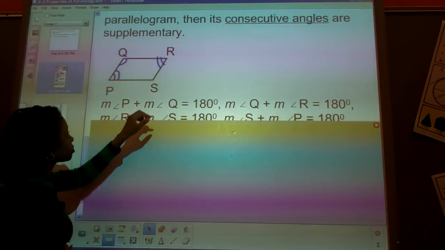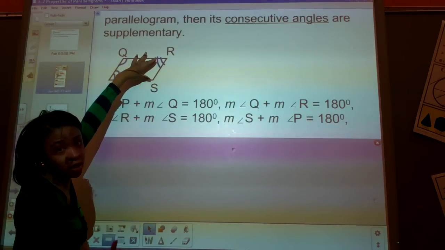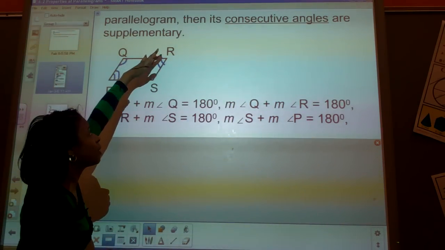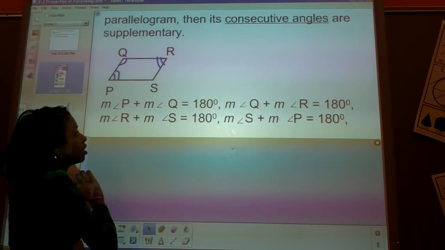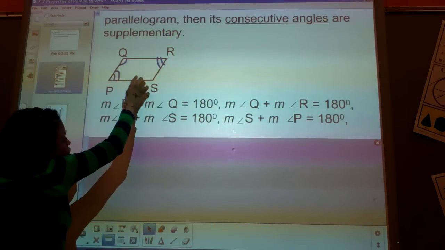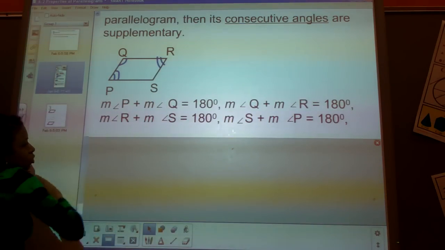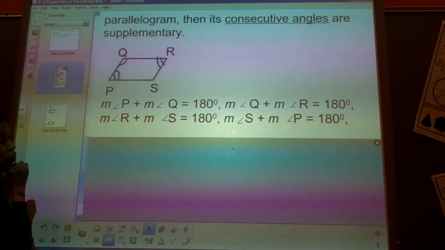And also, the measure of angle R plus the measure of angle S, because they're consecutive, or next to, in other words, will equal 180 degrees. And then S and P, these two are next to one another, so the measure of angle S plus the measure of angle P will also be equal to 180 degrees.